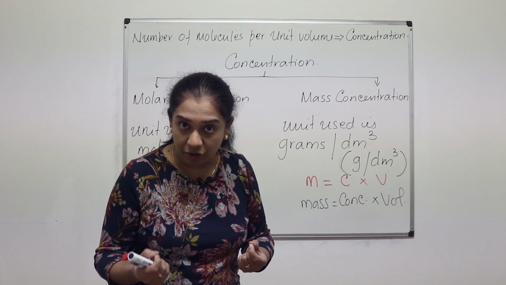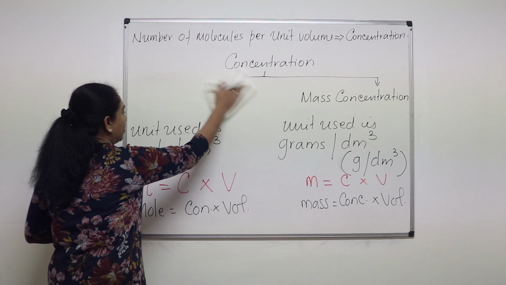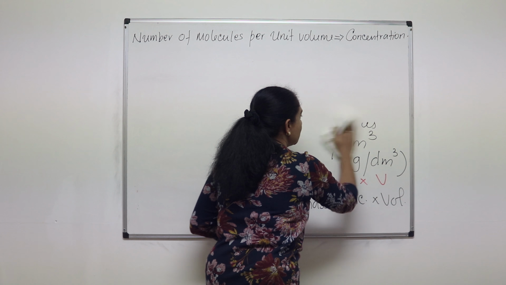Now I'm going to go through a very simple example with y'all. 50 grams of potassium chloride is going to be dissolved in 400 cubic centimeter of water, and we are going to calculate the concentration in grams per dm cube. So this is the question that I'm going to solve.